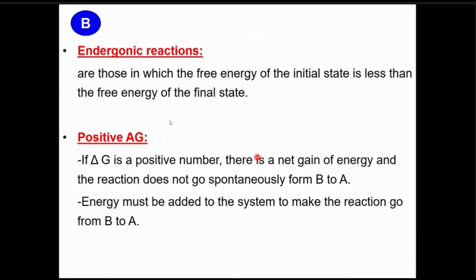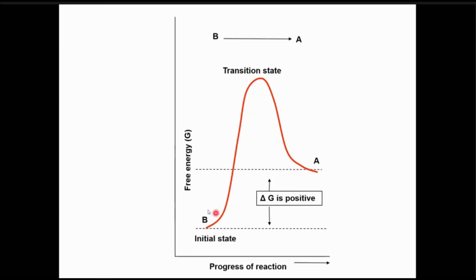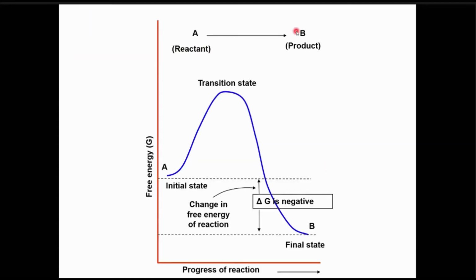So if you look at the endergonic, the free energy of the initial state is less than the free energy of the final state. You see, this is your initial state, and it is less than the final state. If you go back to exergonic, the final state is less than the initial state.